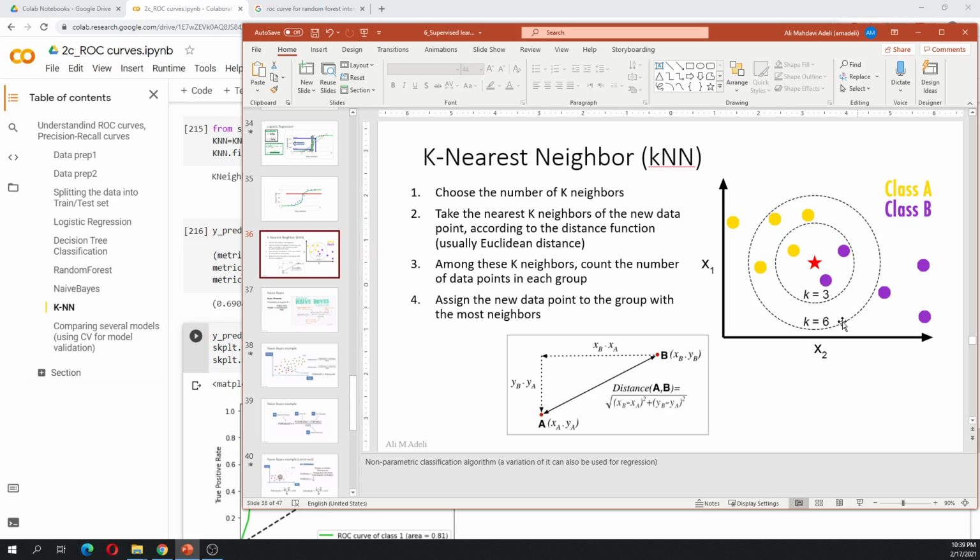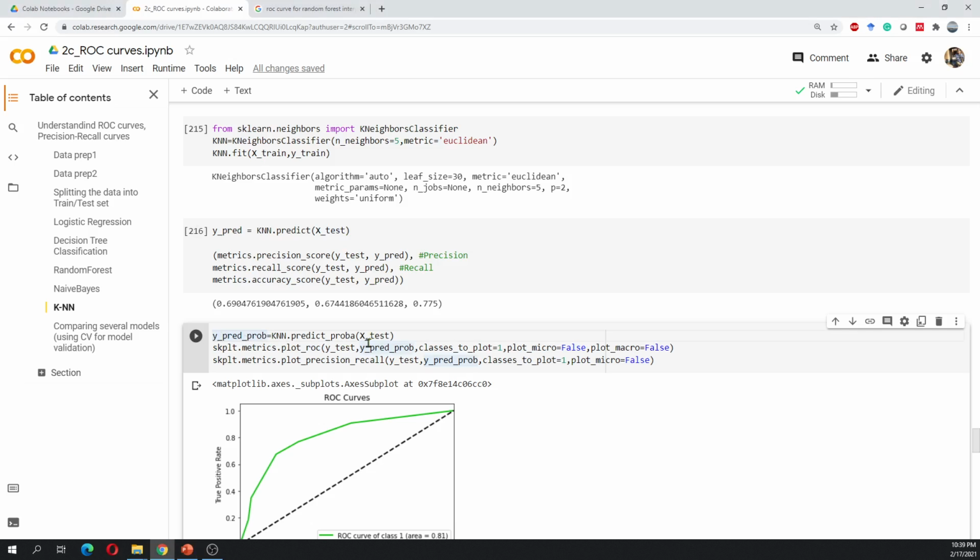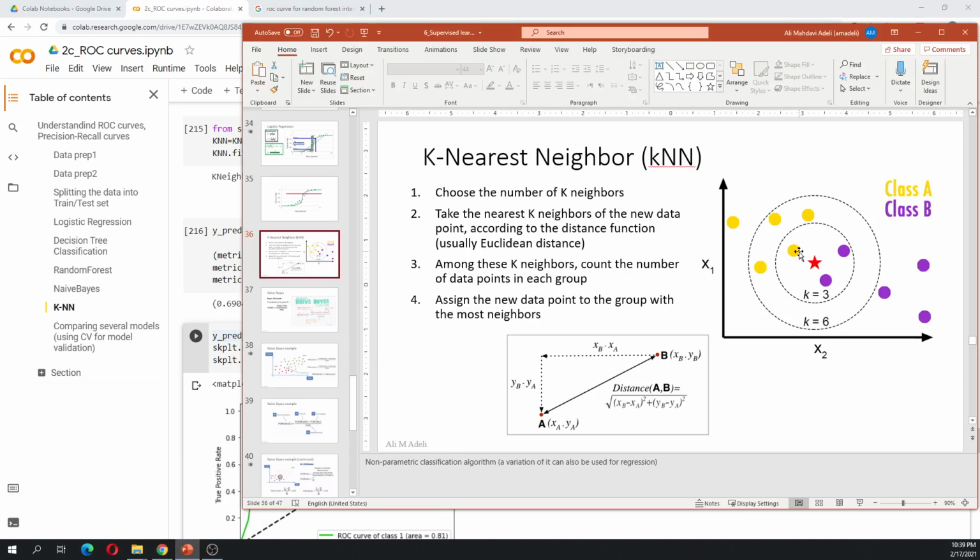So if in its neighborhood there are more zeros, it assigns the input to a 0. In this case, the inputs are the test values, the x test. And if there are more ones in that neighborhood, it's going to assign it to 1. Again, it's basically going by something that we could compare to a probability threshold of 0.5 in the logistic regression.